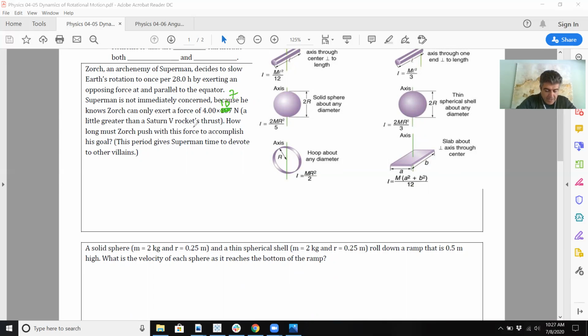Anyway, so first off, what are the things that we know? We know the force is 4 times 10 to the 7th newtons. And we are dealing with the Earth, mind you. So RE stands for radius of Earth. You can probably just do a quick Google search on that, but I'll tell you right now, 6.38 times 10 to the 6 meters.